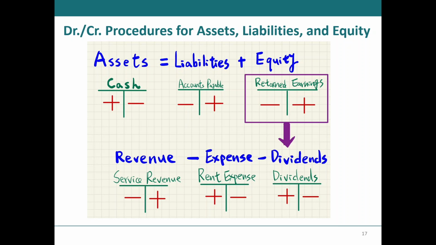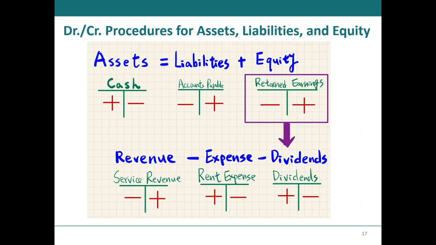So for any assets, increase is positive on your debit side, left side, decrease on your credit side, right side, right? Liabilities, equities, they are on the opposite side of your assets. So did you find out the number increase, decrease on the opposite side?